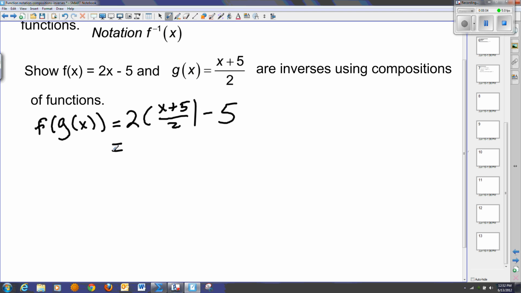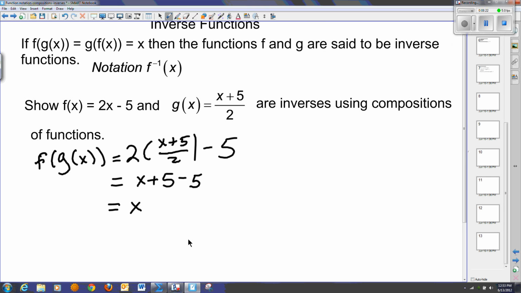Now, the 2's reduce out. I'm left with x plus 5 minus 5, which ends up being equivalent to x. That's exactly what I wanted.